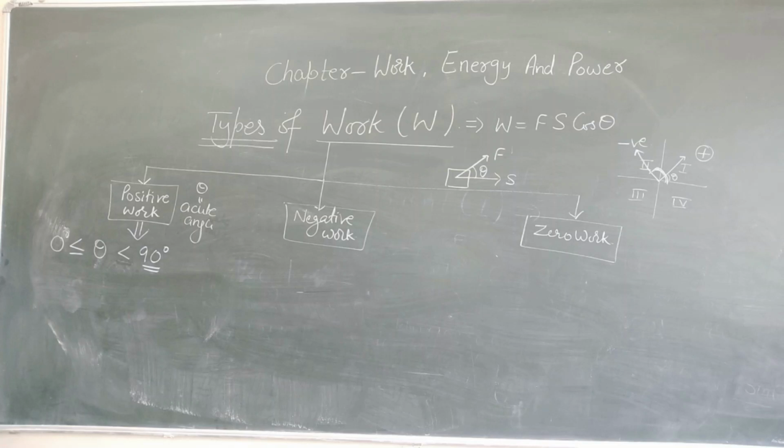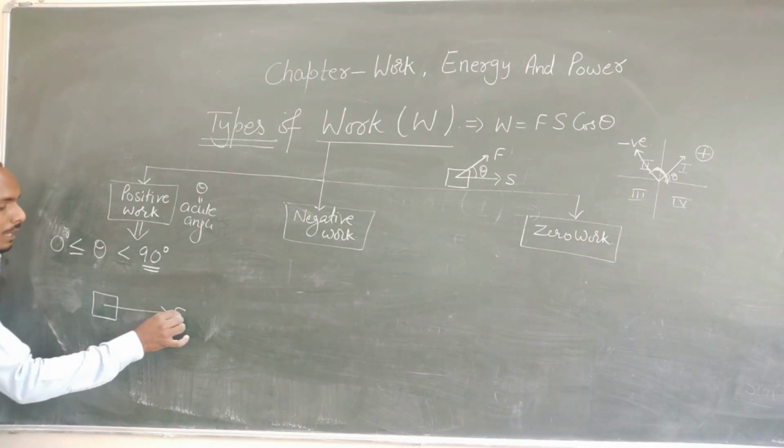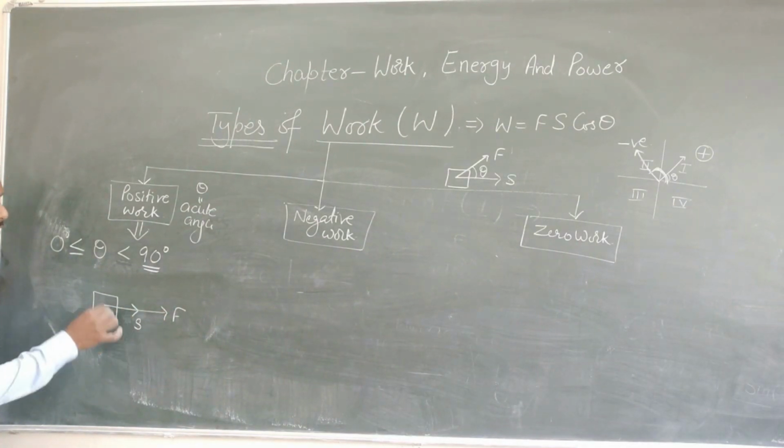Then work is said to be positive. How? Take an example. Suppose there is a force F and the body is displaced in the direction of the force applied, then the angle is 0 degree.